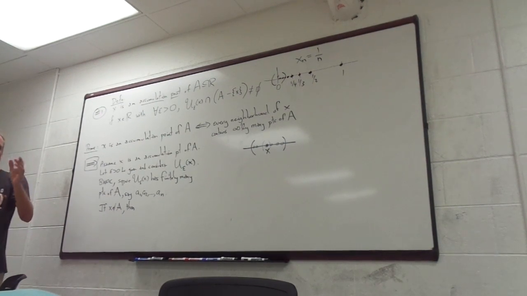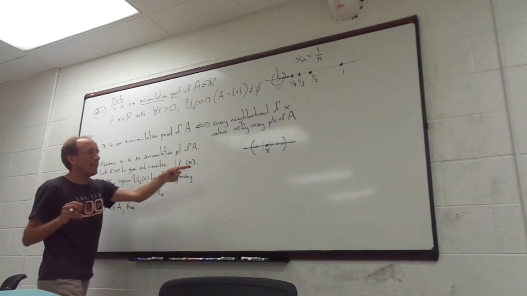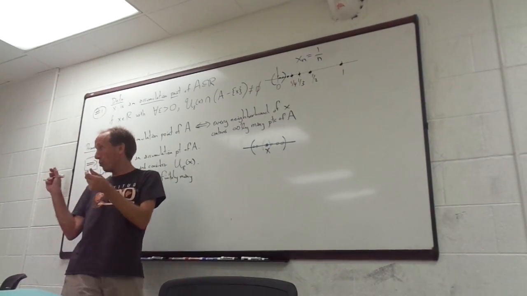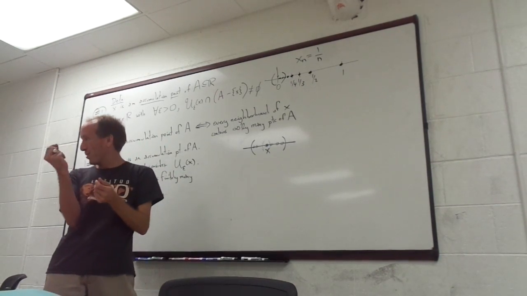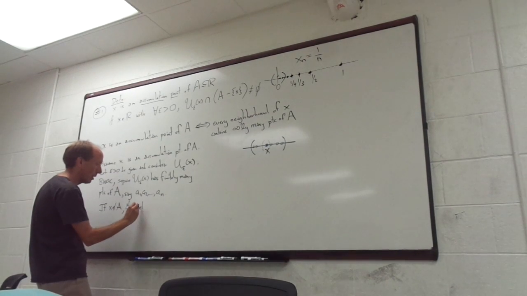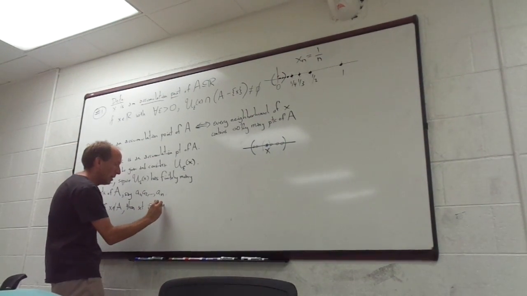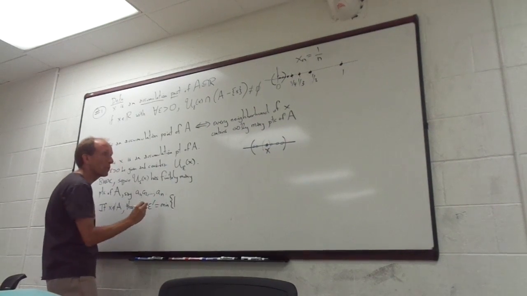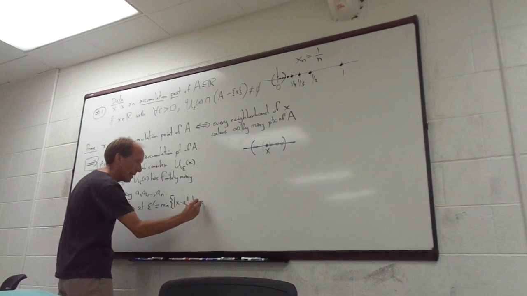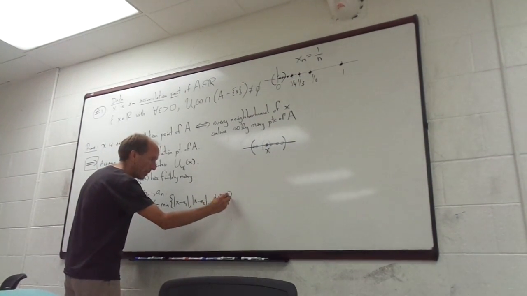The minimum distance between x and A. Right. We take the minimum of the distances from x to each of those open circles, and whichever is smallest tells you which one is closest to x. So I would set epsilon prime to be the minimum of the absolute values of x minus a1, x minus a2, up to x minus an.